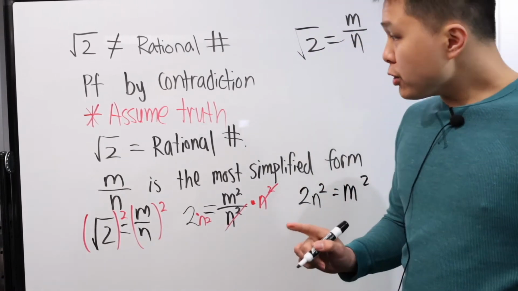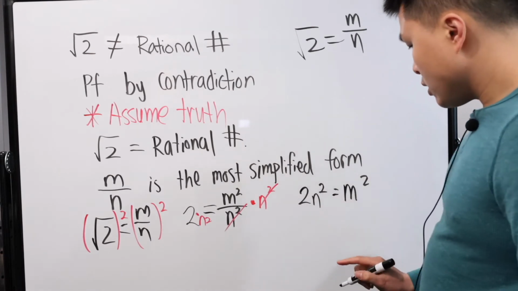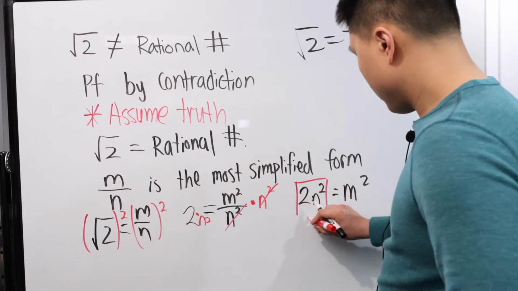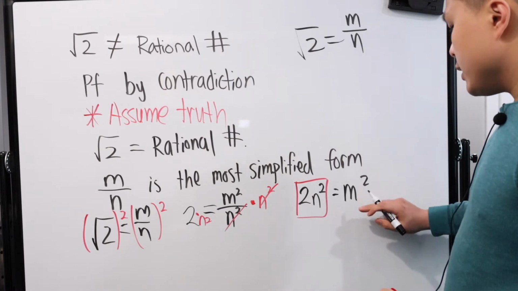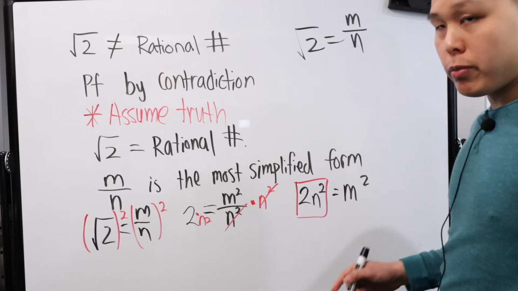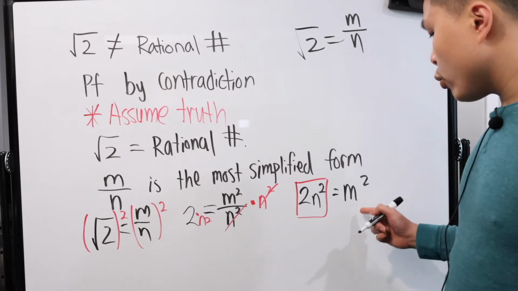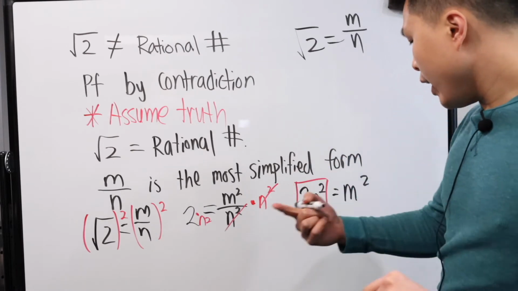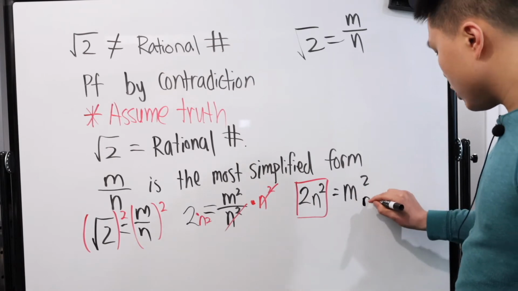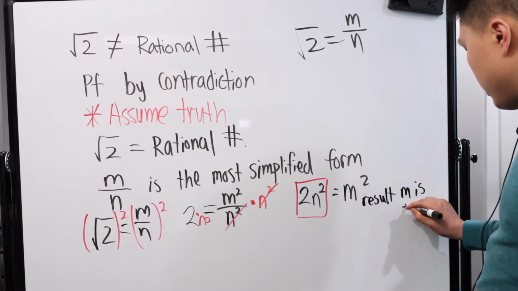Alright, so here's the key. 2n squared equals m squared means, because it is multiplying by 2, this right here is an even number. So, since 2n squared is an even number, and m squared means m times itself, the only way that m squared can be an even number is if m is an even number. So therefore, the consequence is that m is even.